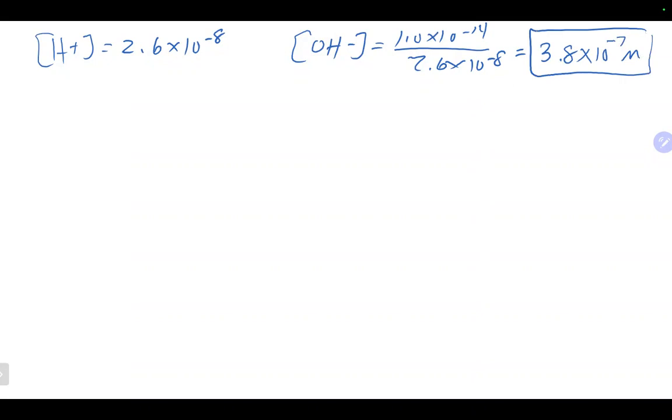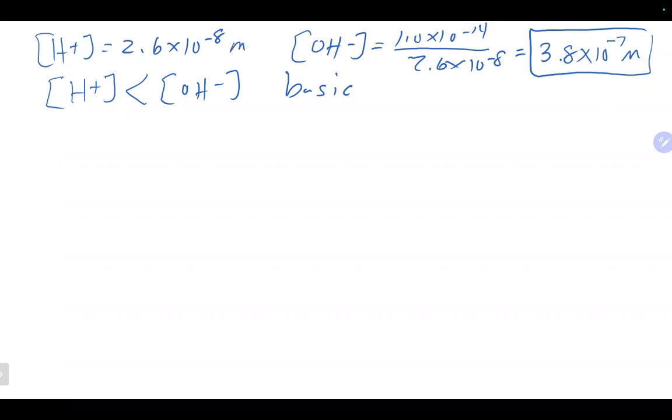Again, on your calculator, it may not give it to you in scientific notation, a bunch of zeros and a 384 at the end there. In this case, we're going to compare, and it is actually the OH minus concentration that is larger, which means that this guy would be basic in this case. Again, times 10 to the -7 is a larger number than 10 to the -8 in this particular case.